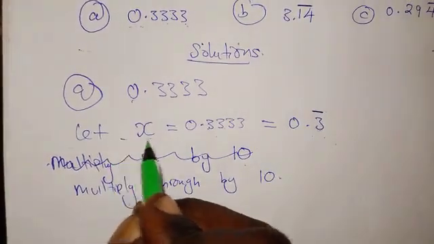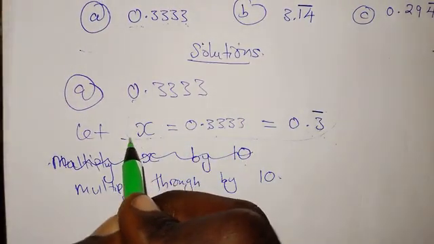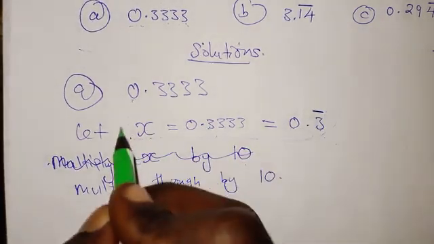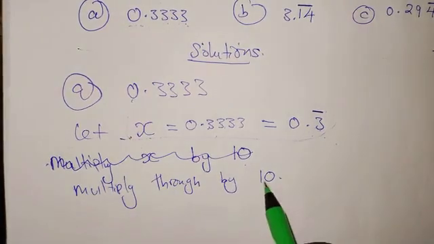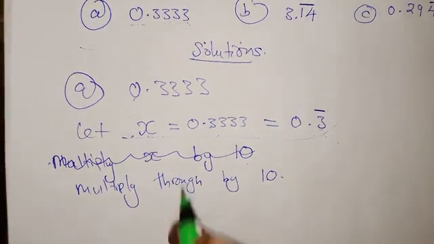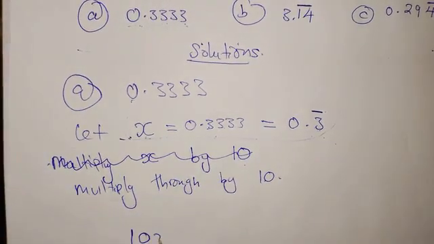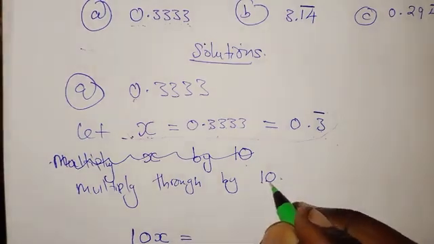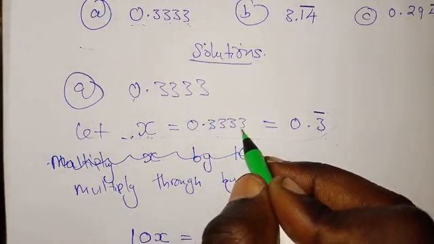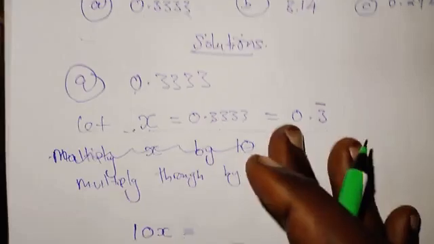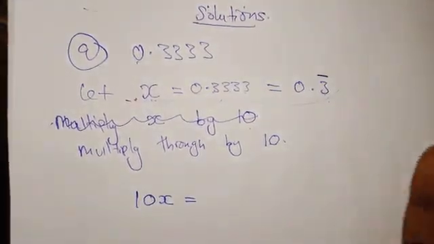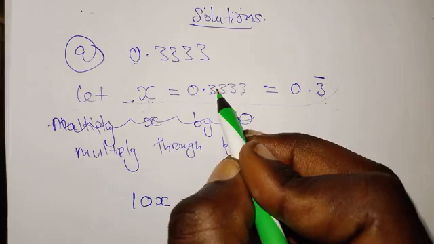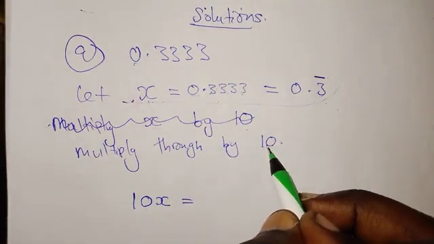So now, if I multiply throughout this expression by 10, what am I going to have? I'm going to have 10 multiplied by this x, which is 10x, equal to multiplying this 10 by this number. I believe you know how to multiply decimals by 10 or 100 and the like. The decimal point will move to the right depending on what value I'm multiplying with.